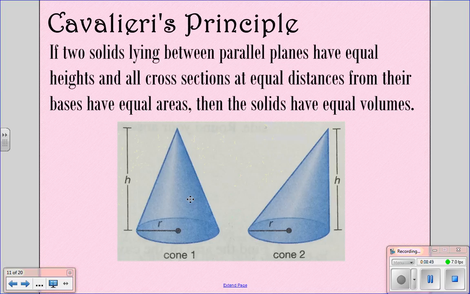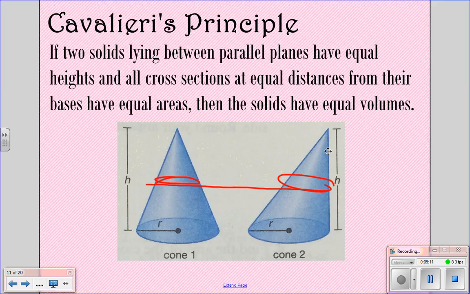And then the height is the same because they are between two parallel planes. And then the cross section, if I drew a parallel plane, the cross section here and the cross section here are the same, and it's the same all the way up, then that means that the solids have equal volume.